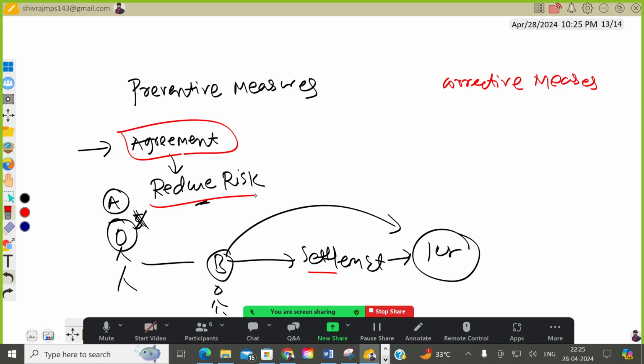And apart from this, if I talk about corrective measures, you can take corrective measures from time to time. If it is required, any regulatory change, if your regulator wants any additional implementation or addition, the regulator can implement this.